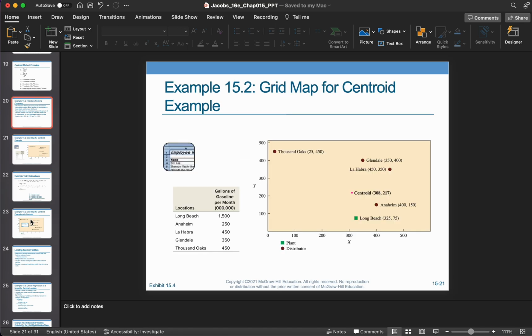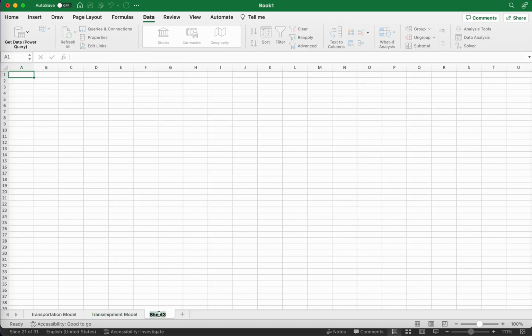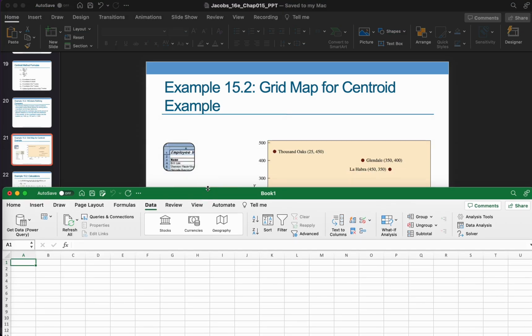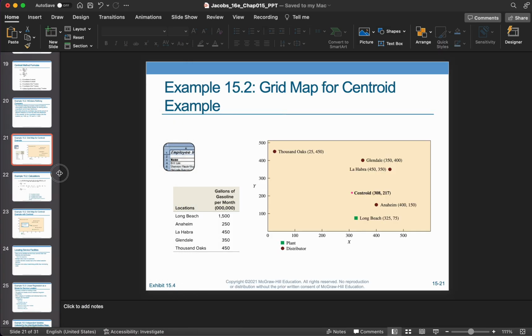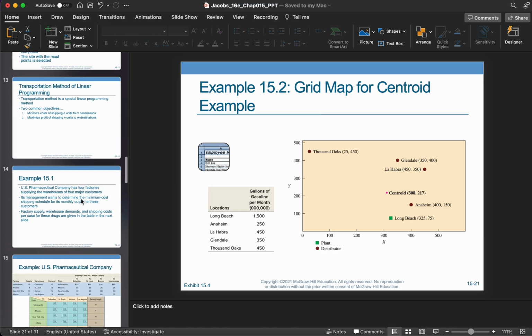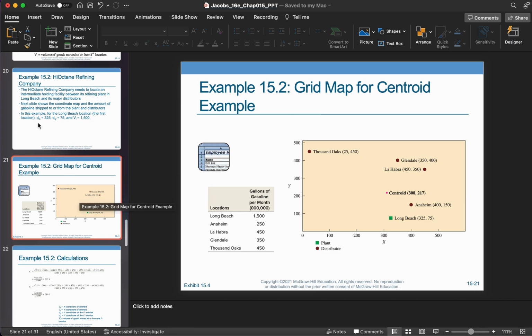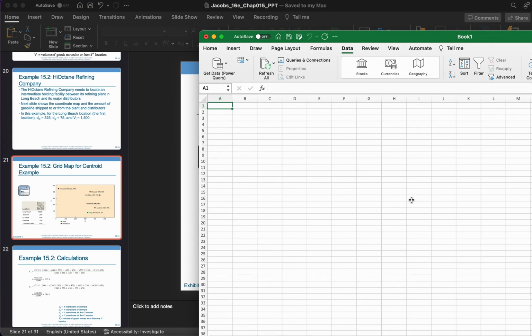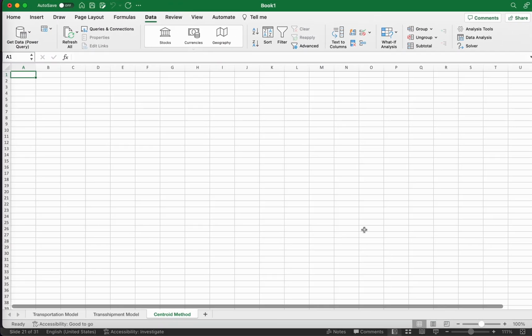So let's take this particular example and put it into Excel. Let me make the fonts bigger.